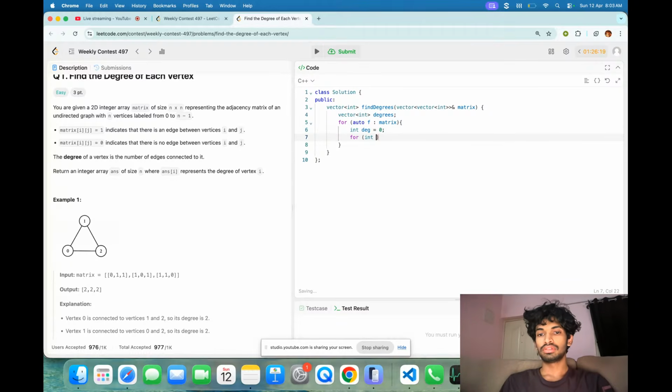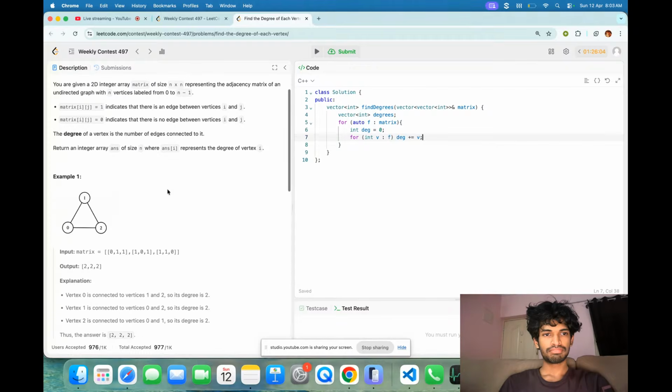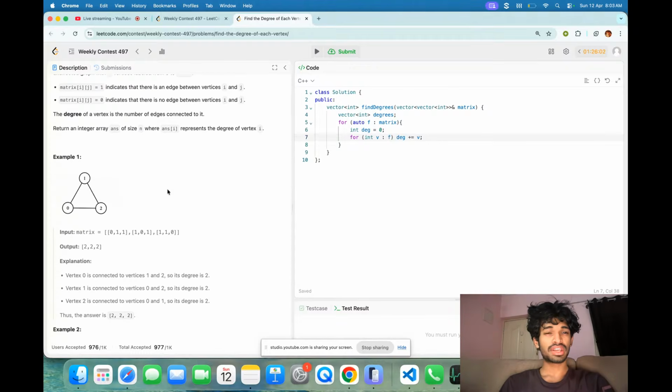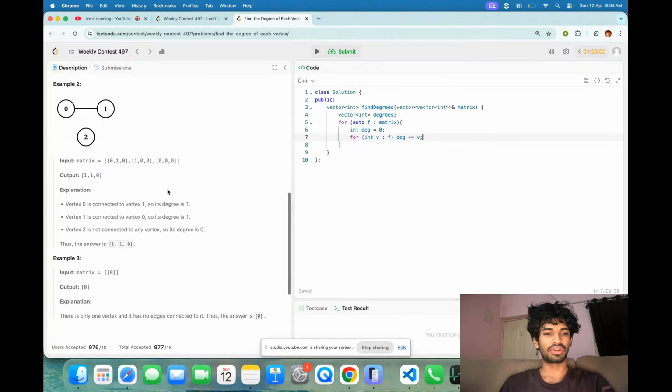For int value, let's say f degree plus equals v, because if it is 1. I'm just checking if there can be multiple edges or not. There cannot be multiple edges, so it's just the sum. And then let's push this to degrees.